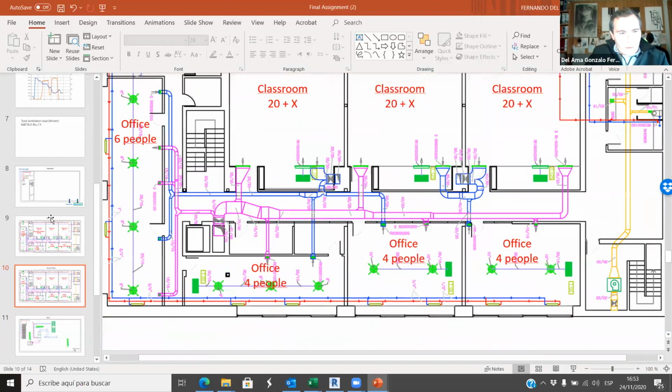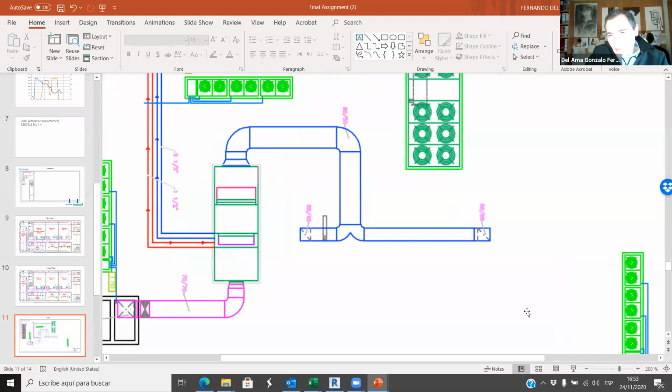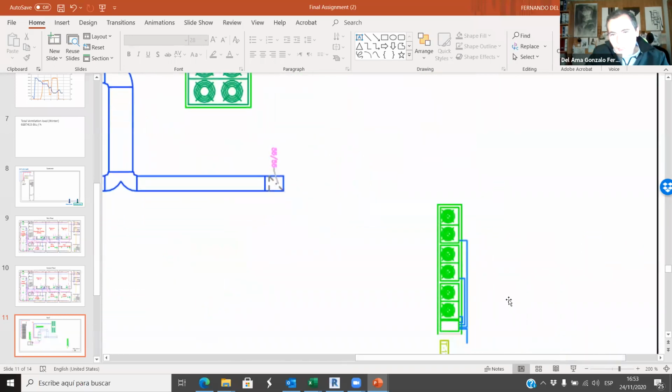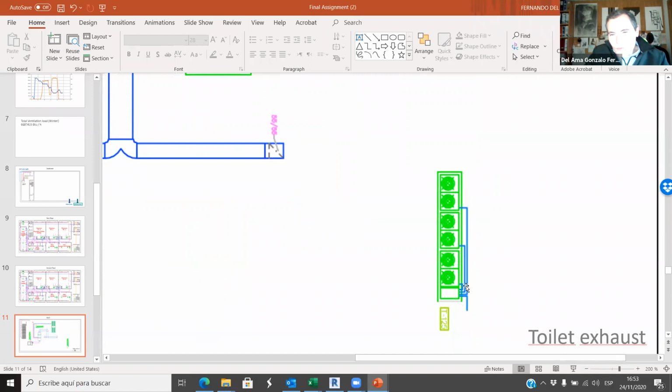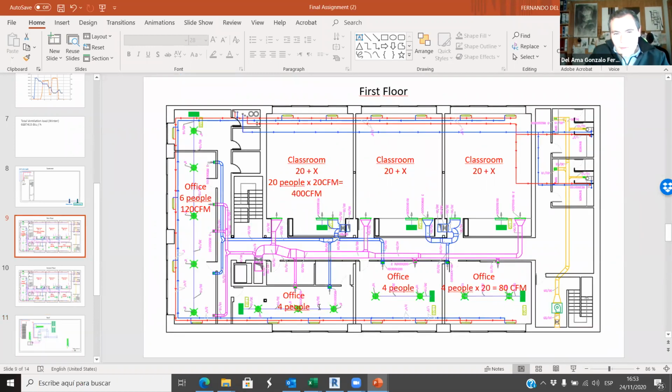And then on the roof, we have these elements. Those are heat pumps. So as you can see, on those heat pumps we have 1, 2, 3 connections. So that means that this heat pump is feeding 1, 2, and 3 diffusers, most likely. Okay.